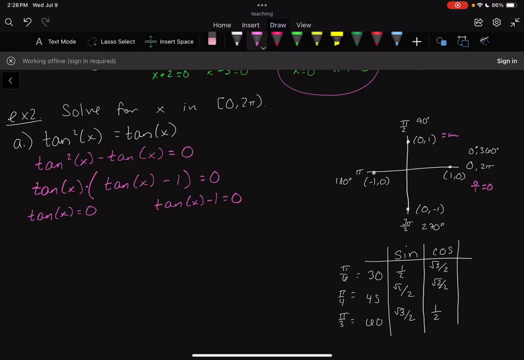This one would be undefined. This one would be 0, and this would be undefined. I'm just taking the y value over the x value, since that's how tangent is defined. So what I'm seeing is tangent is equal to 0 at 0. And remember with tangent, it has a period of pi, so it'll just be plus pi k.